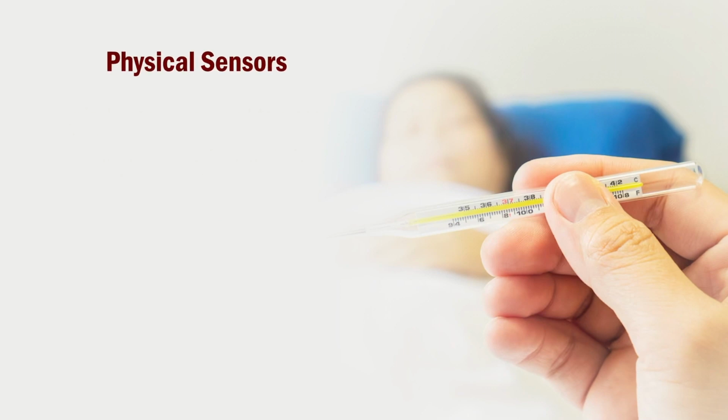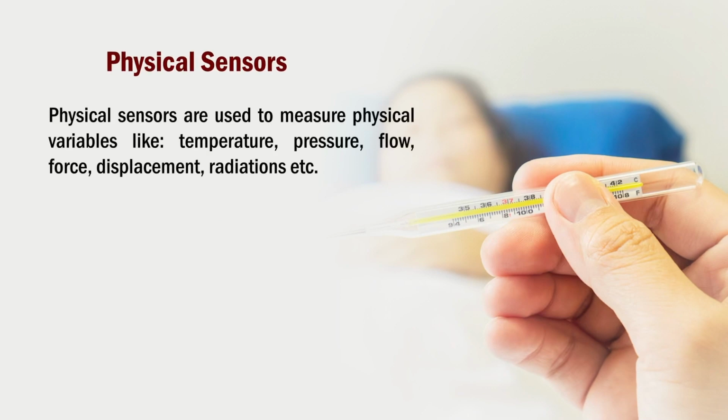Physical sensors are used to measure physical variables like temperature, pressure, flow, force, displacement, radiation, etc. In the biomedical field, physical sensors can be used to measure physical quantities such as blood pressure, blood flow, body temperature, bone displacement, medical imaging, etc. The physical sensors can be used for real-time monitoring, like in robotics, wearable electronics, etc.